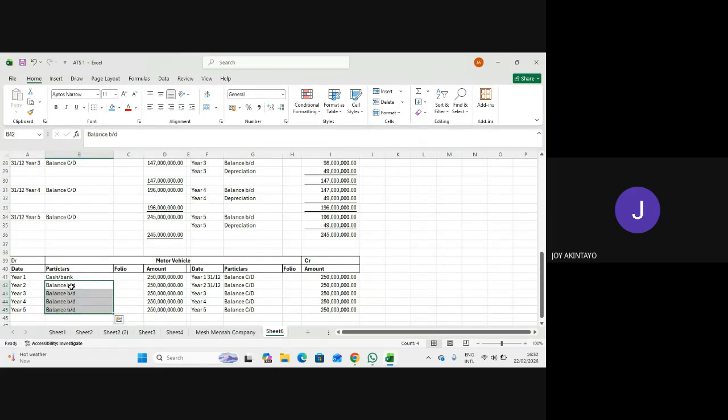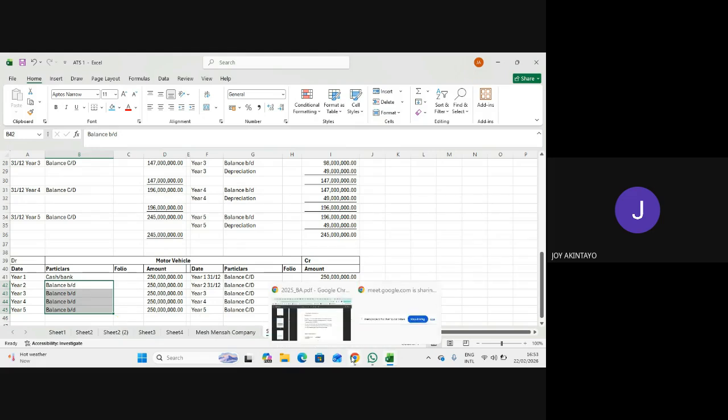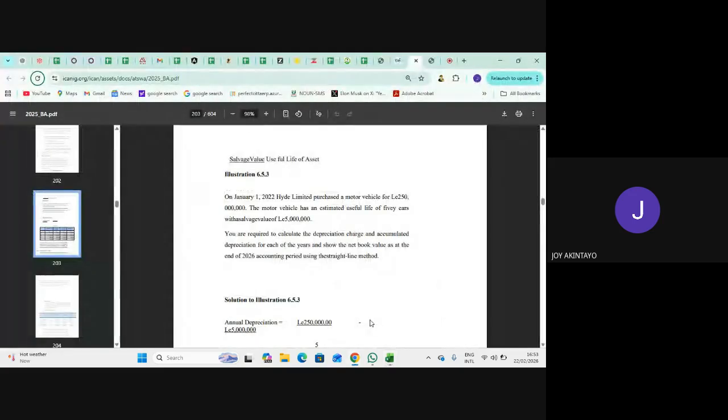Hope you understand. Do you understand? So that's for if you are being asked to prepare your ledger. But if they did not ask you to prepare your ledger, you use this method. So let's quickly use this method in solving our question.